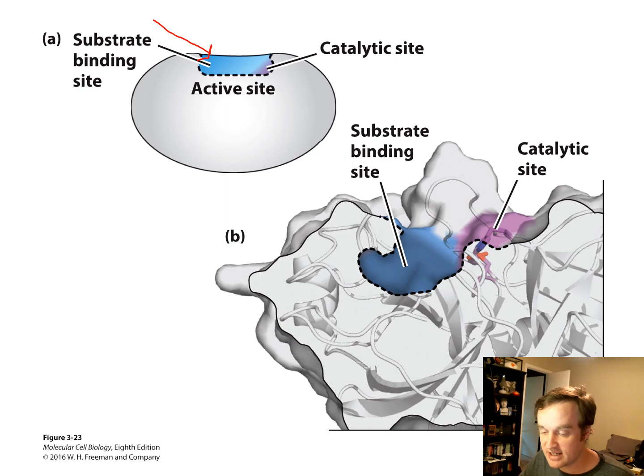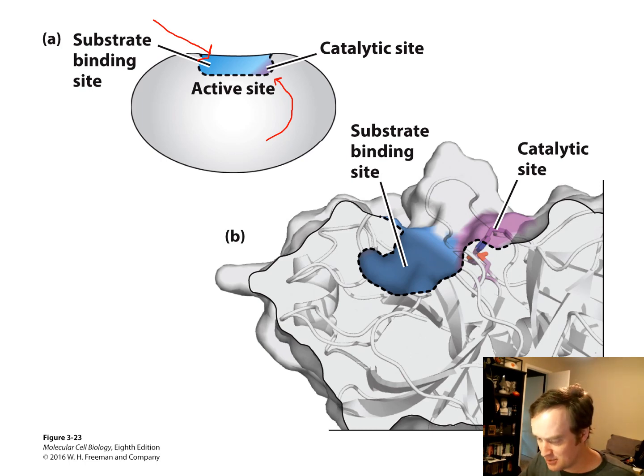And we also have a catalytic site, and that is indicated in the violet or purple here. And in this binding site, there's a side chain of what we call a catalytic triad. And there are 3 amino acids, serine 195, aspartate 102, and histidine 57. And these 3 work together to break apart peptide bonds.